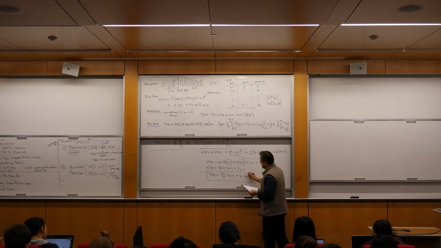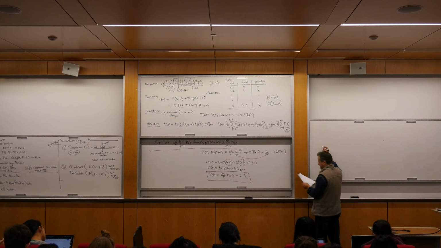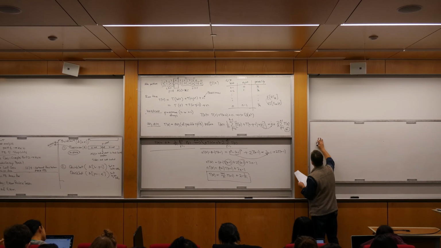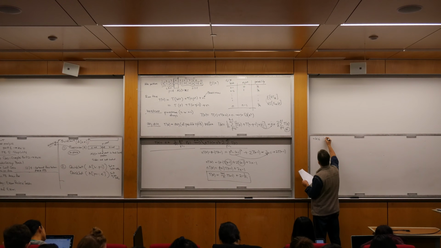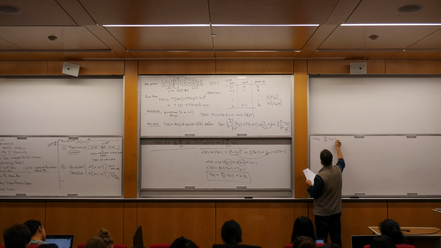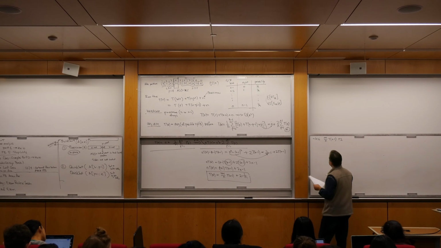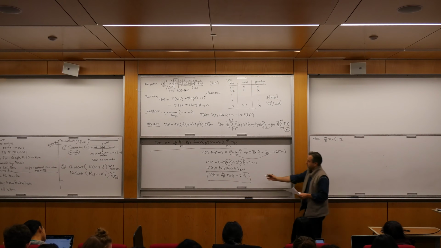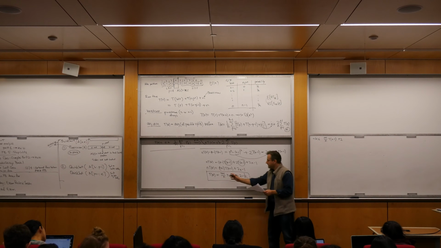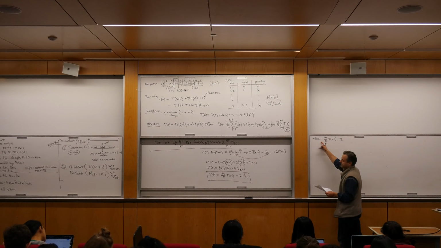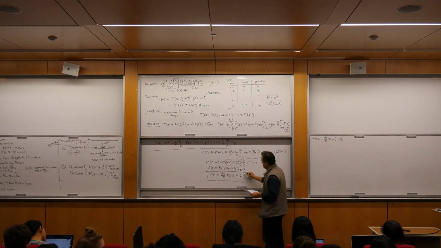If I ignore this, I'm going to get t of n smaller than or equal to n plus 1 over n, t of n minus 1 plus 2. I'm ignoring the minus 1 over n. That's why instead of equal, I get smaller than or equal. I'm going to ignore this for now.